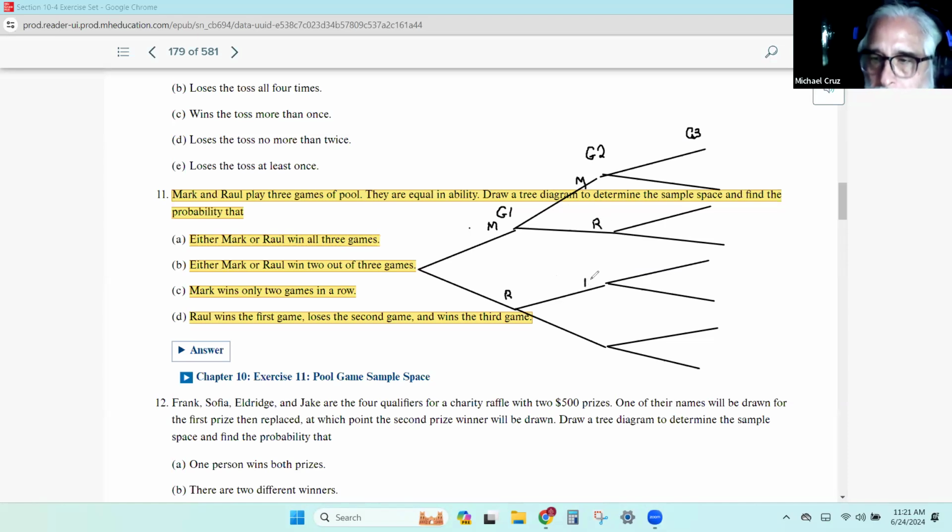Mark or Raul. Same thing all the way down. And then that's going to be very similar to what we were just doing here.